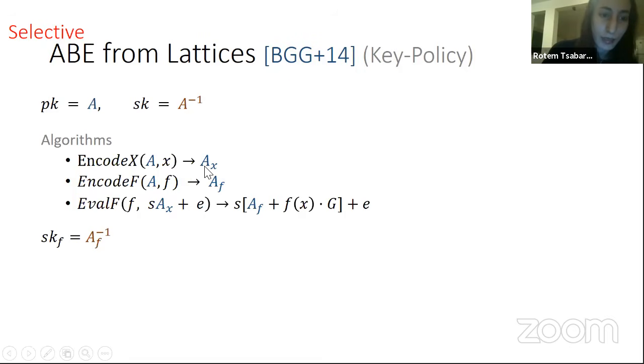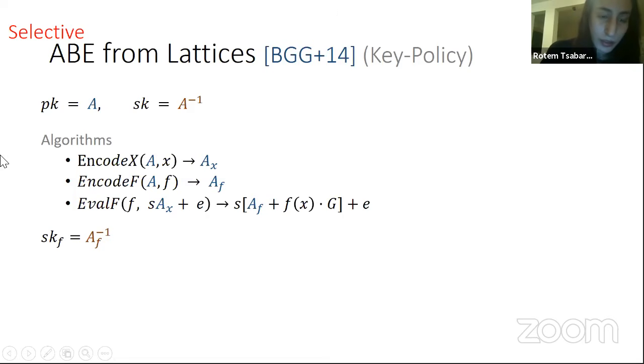So then, given those algorithms, when we want to generate a secret key, one thing I did not mention is that in this context we consider a dual notion, where the ciphertext is with respect to X, and the decryption policy is with respect to F. But you can always use universal circuits to exchange between them.